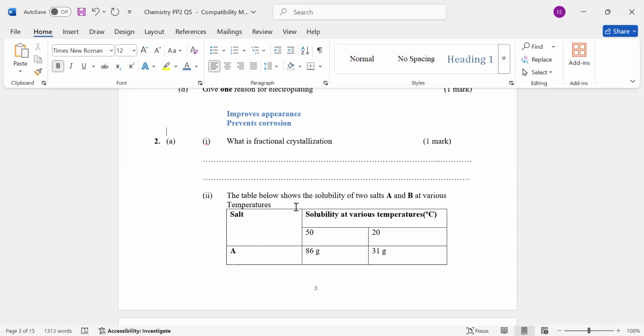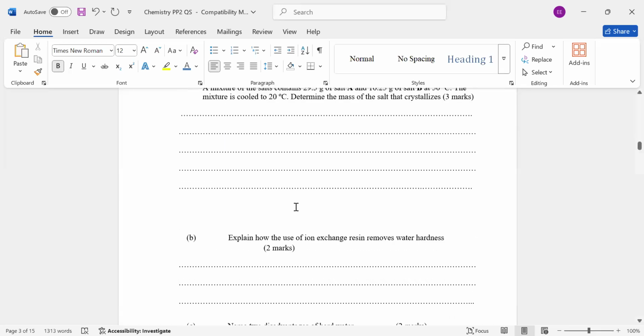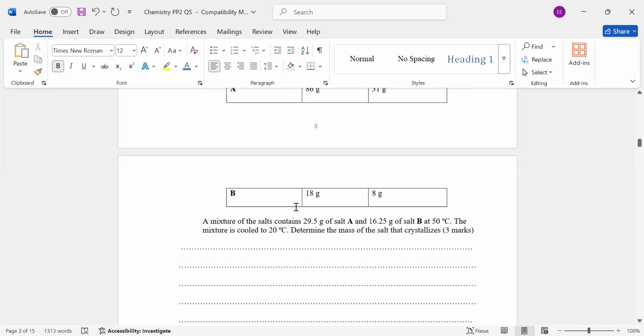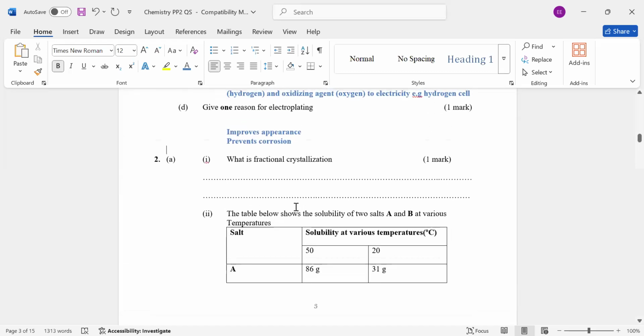Another topic, a very easy topic that students normally think is challenging. What is fractional crystallization? Somebody to give me this definition. Ryan, say something. Fractional is the separation of miscible liquids with different but close boiling points.